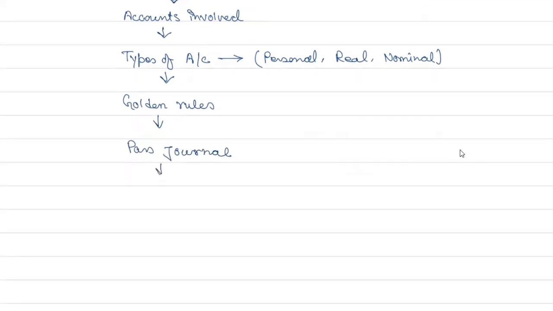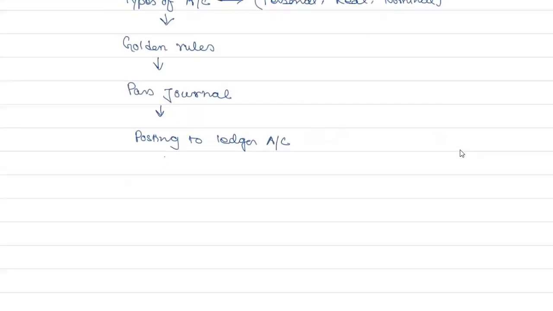After journal, ledgers will be done, posting to ledger account. After that, you prepare trial balance.